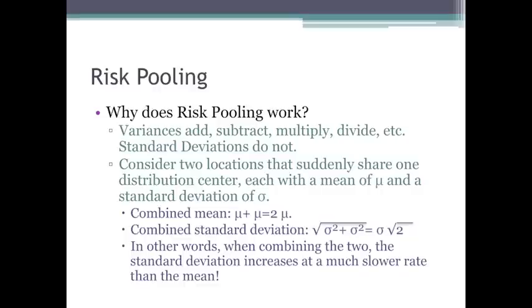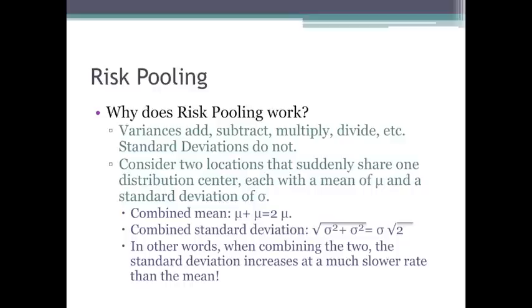Because of this, when we combine sources of demand, when we combine these means, these averages, what we find is that the standard deviation does not increase at the same rate as the mean.